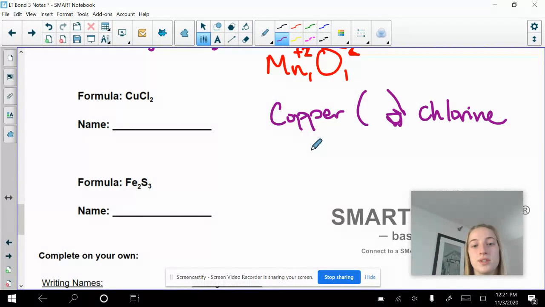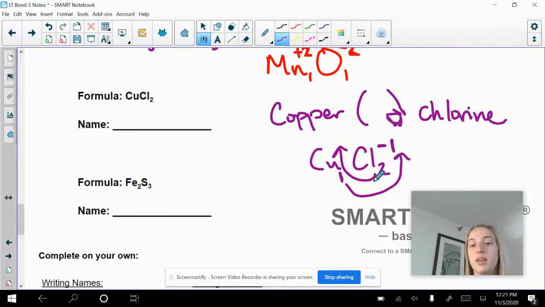Going to use my crisscross method, Cu, Cl, this 2 is going to come up. My charge for chlorine, I can find on my periodic table, is -1. So my 1 from here is going to work for my 1 up there. Now my 2 is going to come up here, and I'm going to have a +2 charge.